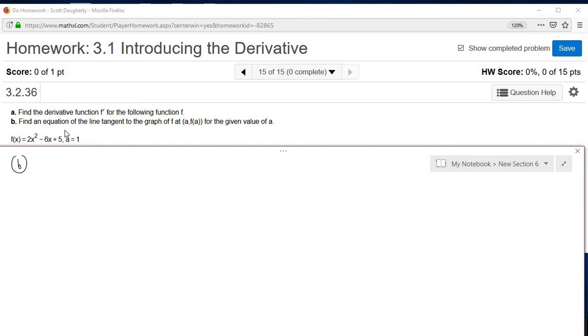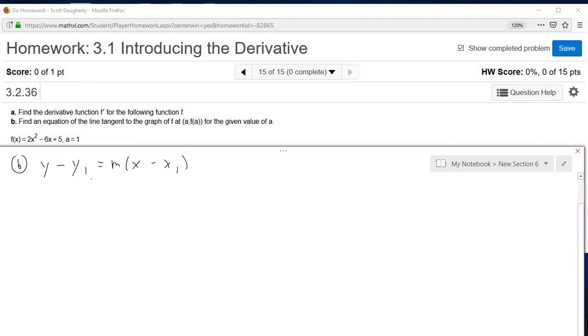Now you have to find the equation of the tangent line at a comma f of a, where a is equal to 1. So to find that, first of all, the equation of a line, the one that we're going to use, is y minus y1 is equal to m times x minus x1.